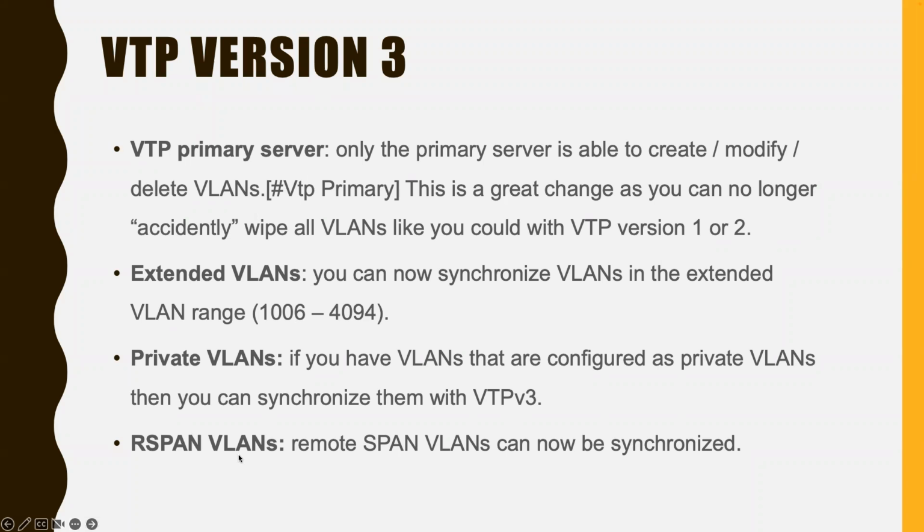Similarly, remote SPAN VLANs. RSPAN VLANs are used when we want to sniff traffic and send a copy of a VLAN's traffic towards another port. That's where we use the remote SPAN VLAN.